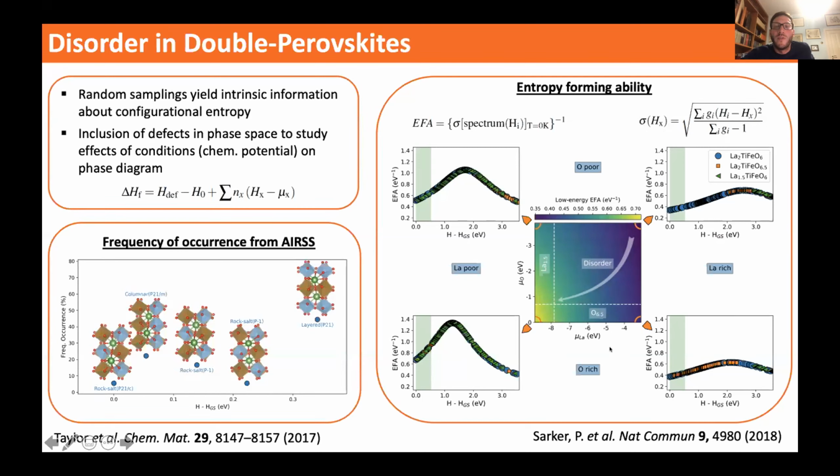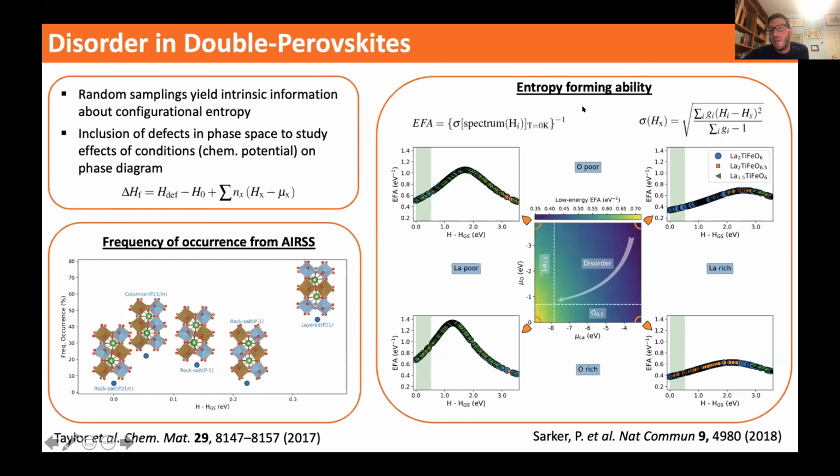So what I wanted to do with this was to create a sort of phase diagram at the end, where you can see how the disorder increases as the chemical potential for the lanthanum from the oxide changes.